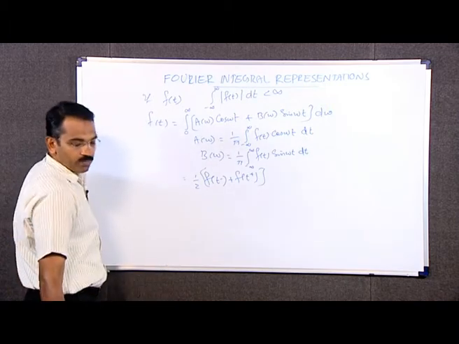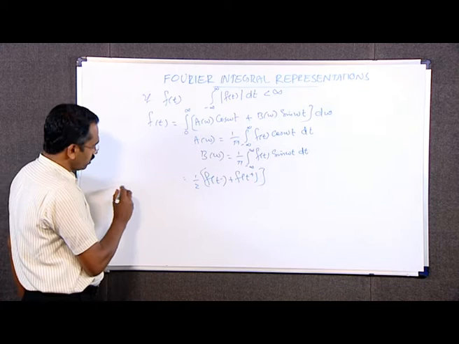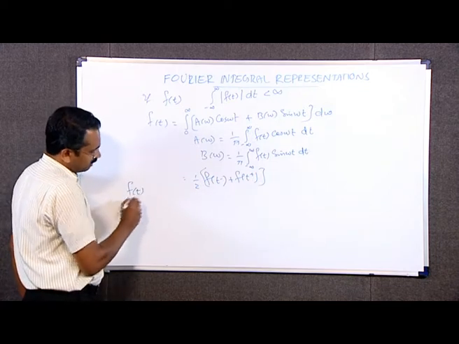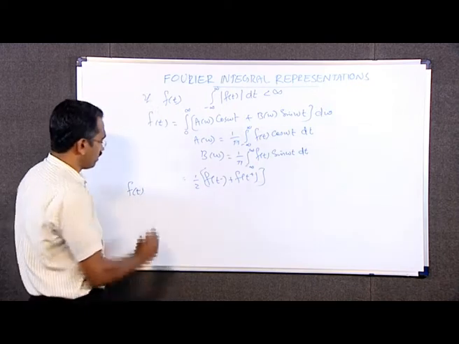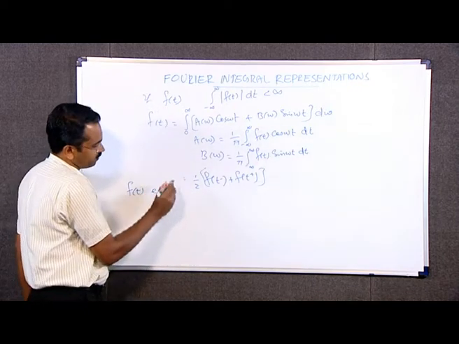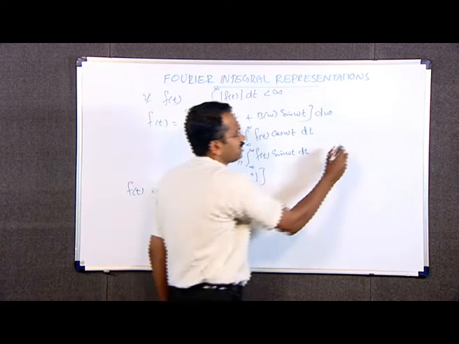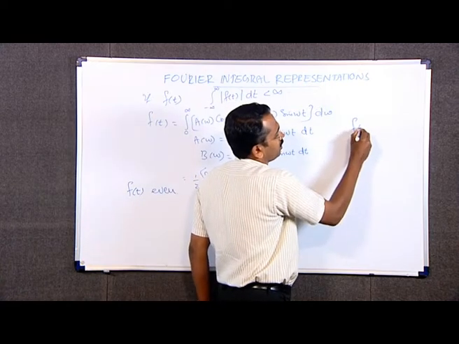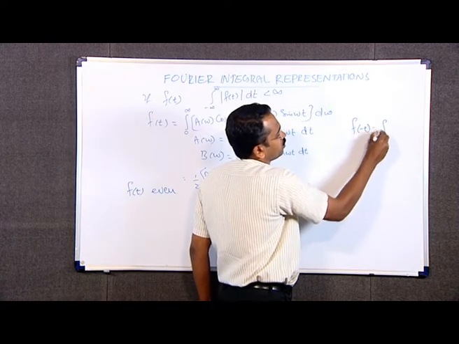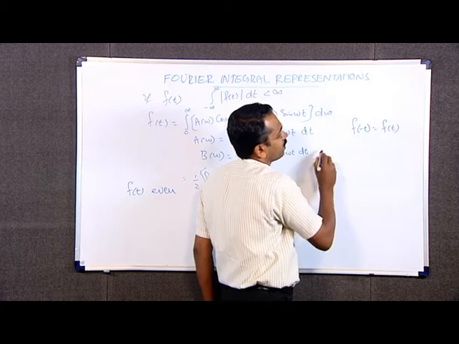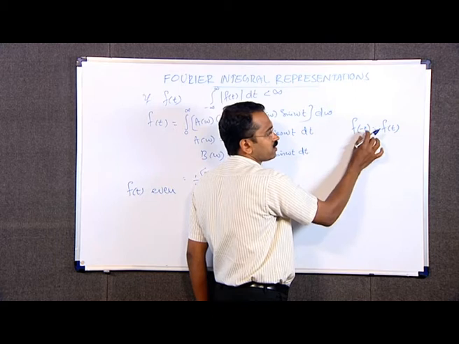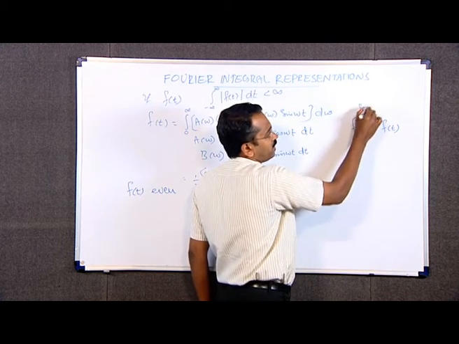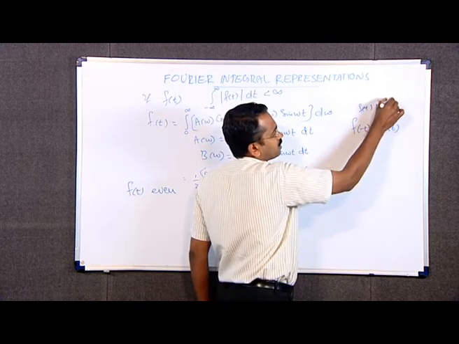Now, suppose the function f of t is even. f of t is even means f of minus t is equal to f of t. If this condition holds, we say that f of t is an even function.